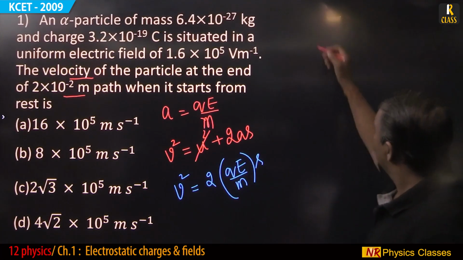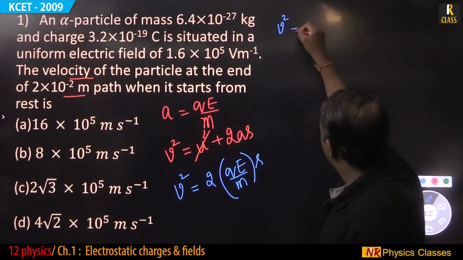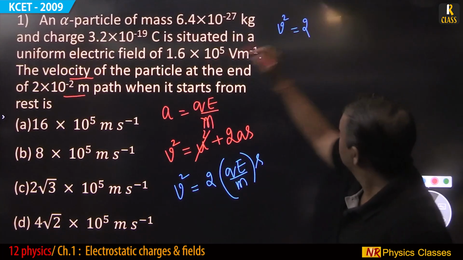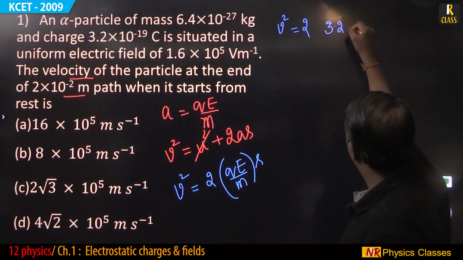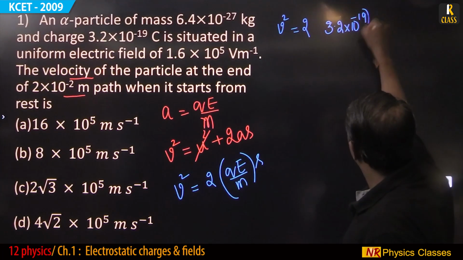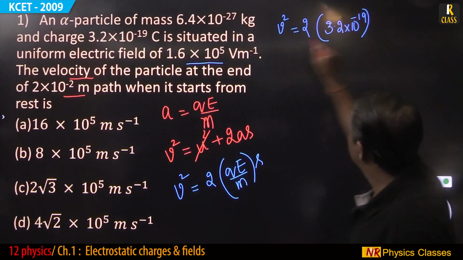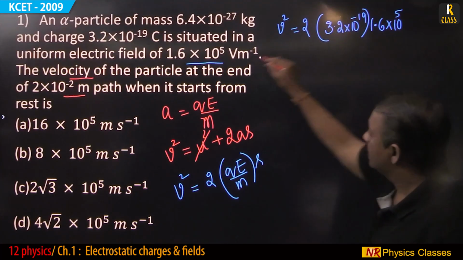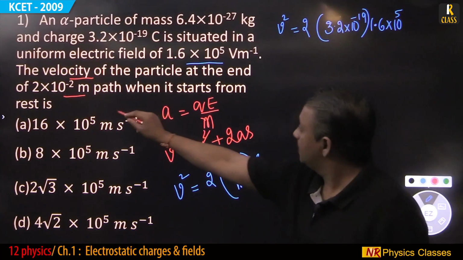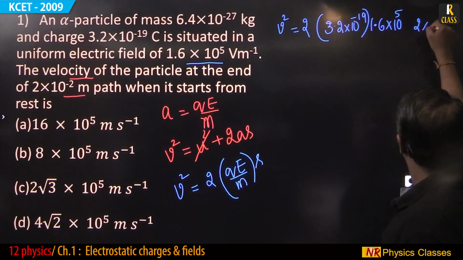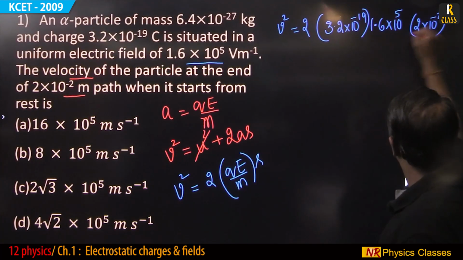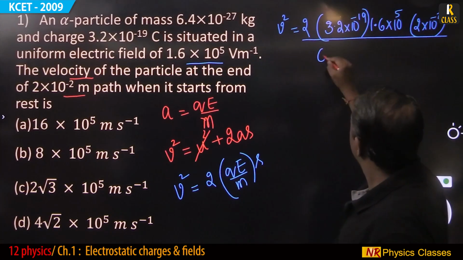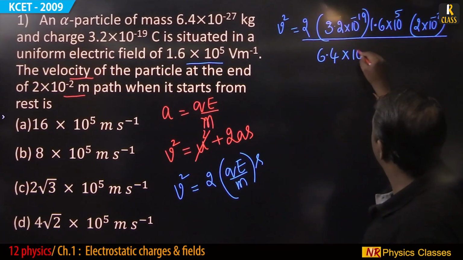Now v square equal to 2 times charge 3.2 10 to the power of minus 19, electric field 1.6 10 to the power of 5, displacement 2 10 to the power of minus 2, divided by mass 6.4 10 to the power of minus 27.